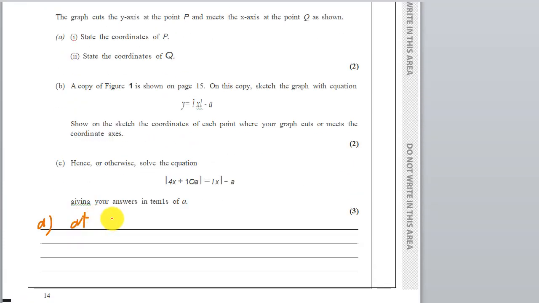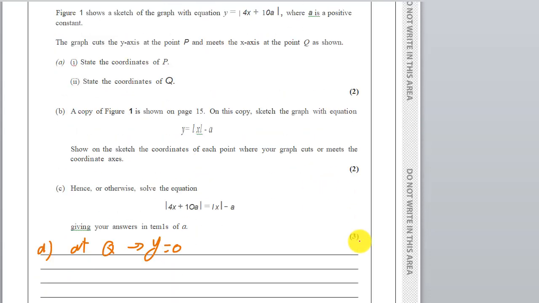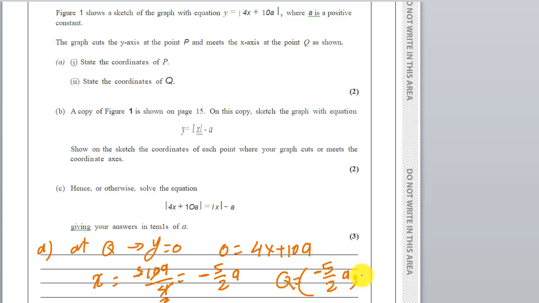Now, at Q, y equal to 0. So 0 equals 4x plus 10a, so x is equal to minus 10a divided by 4. So it's minus 5 over 2 a. So the coordinate of Q is minus 5 over 2 a, and 0.